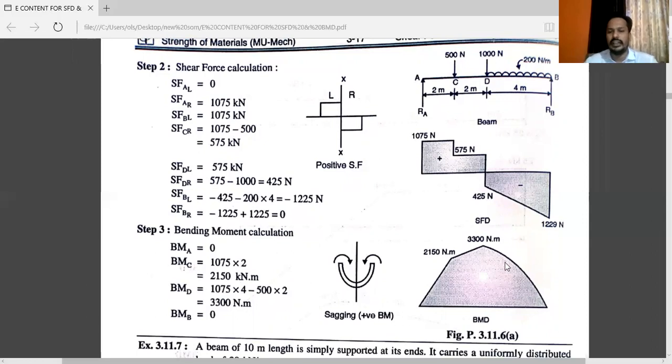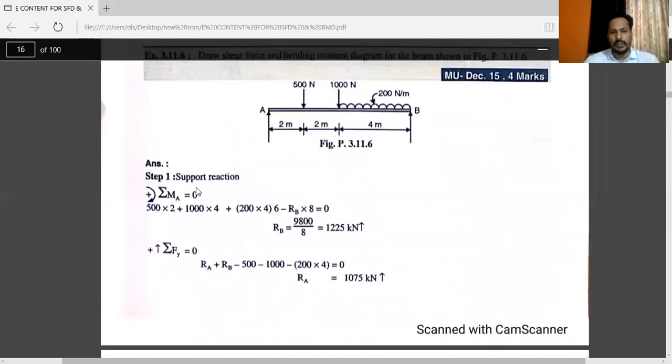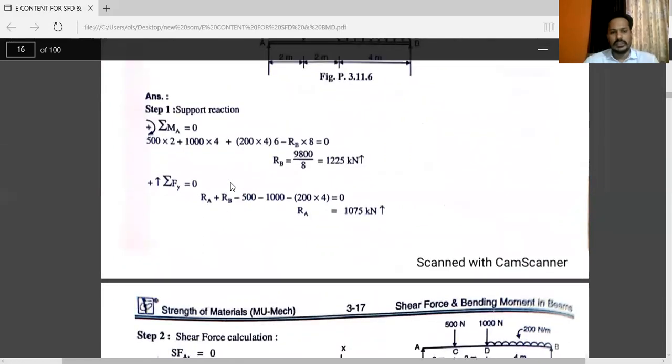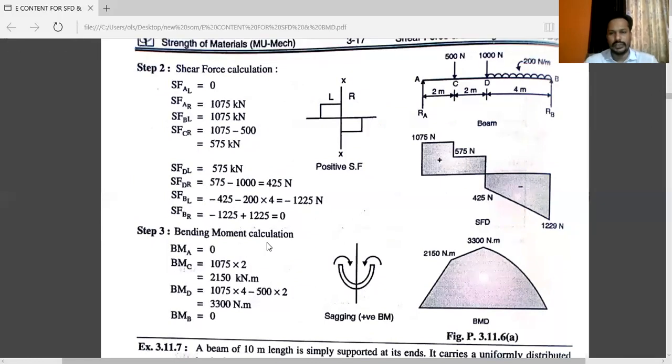It indicates that from D to B there is a uniformly distributed load. This is a university problem, a very simple problem. The first step is to calculate the support reactions. The second step is the shear force calculation. In the third step, you have to calculate the bending moment.